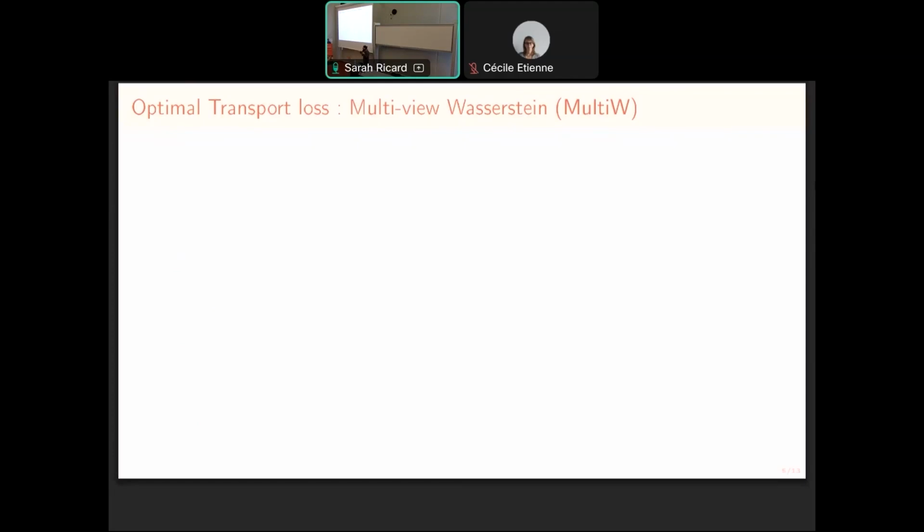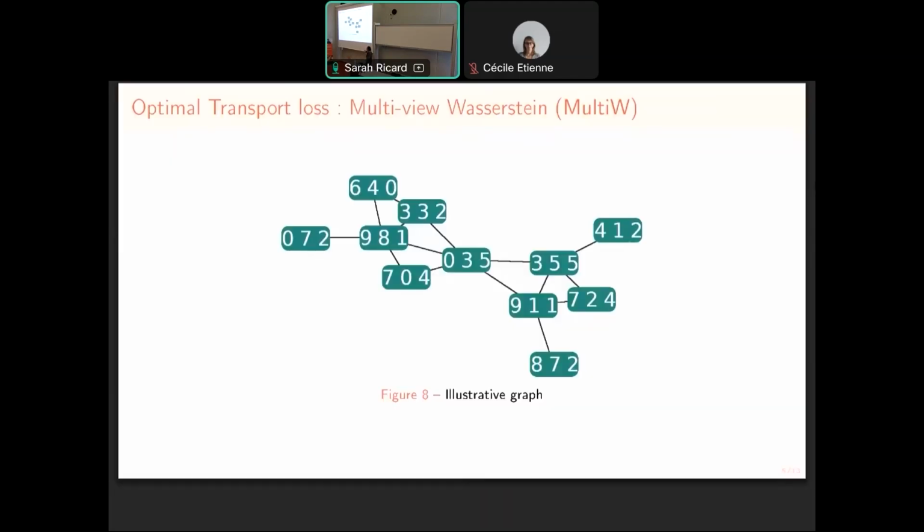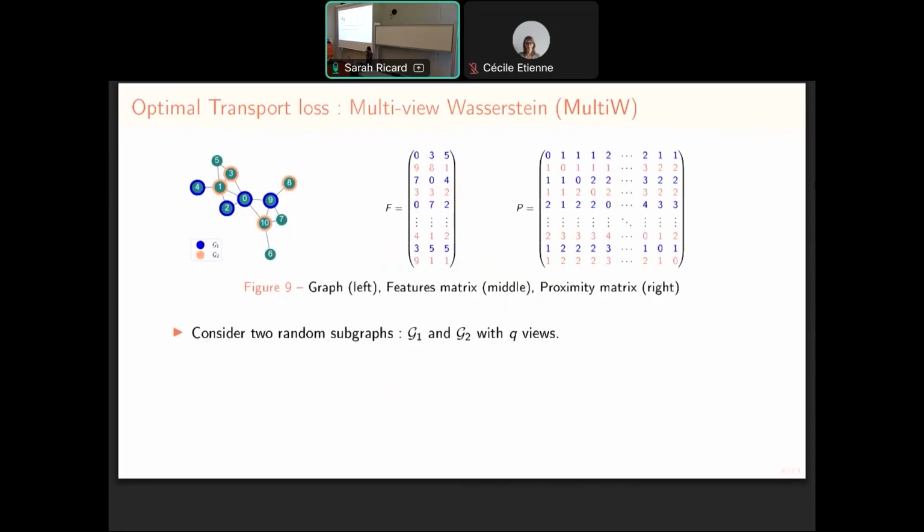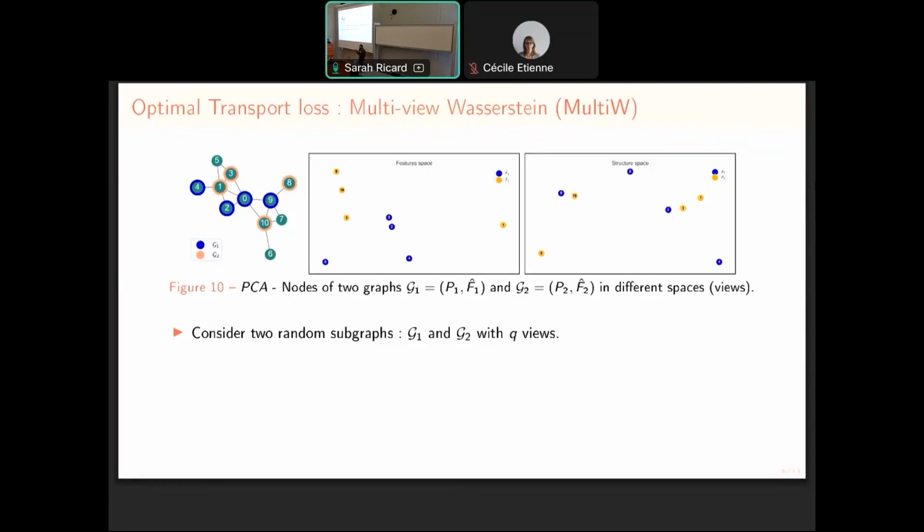Well, how does multi-Wasserstein work? So if we consider our graph, once again, this is the small graph we had earlier, we will pick two random subgraphs. So we have the blue G1 and the orange G2. We colored here the respective rows in the feature and proximity matrix, and we can now plot them in the respective space.